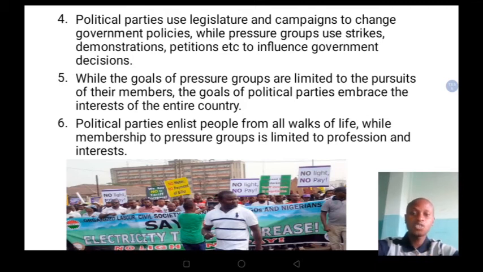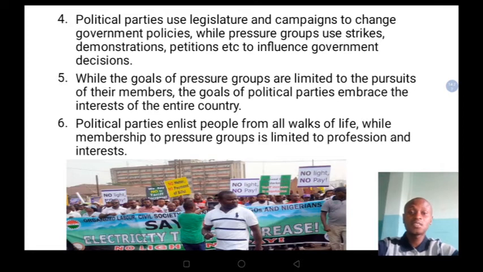Now, political parties enlist people from all walks of life. Anybody can become their member. They are looking for population. They want people from different tribes, different professions, different religions, different beliefs and all this.